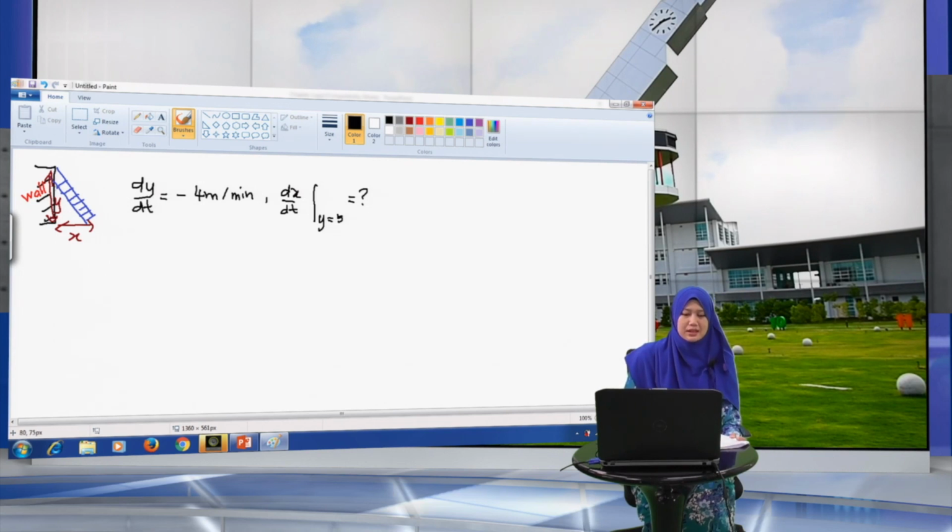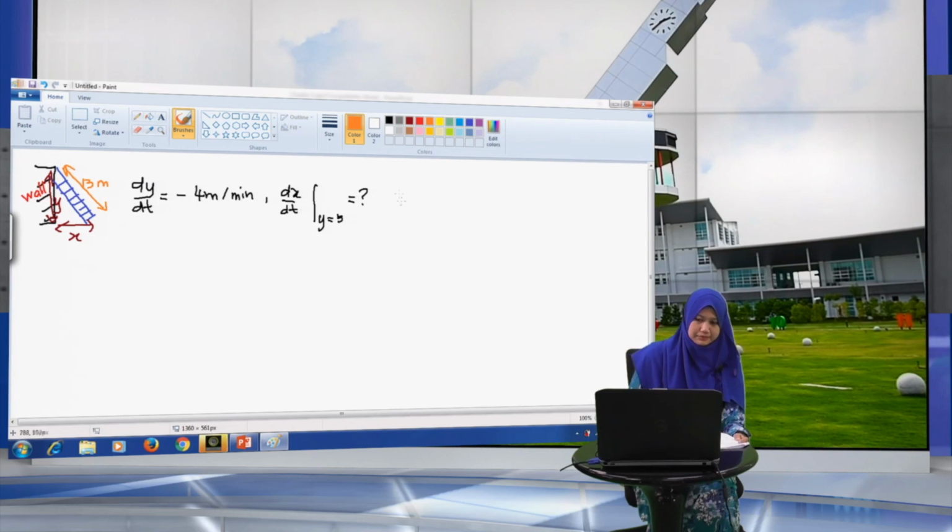We can see here that y and x are related by the Pythagorean theorem. The length of the ladder is given as 13 meters, so this is the length of the ladder. By the Pythagorean theorem, x square plus y square equal to 13 square.